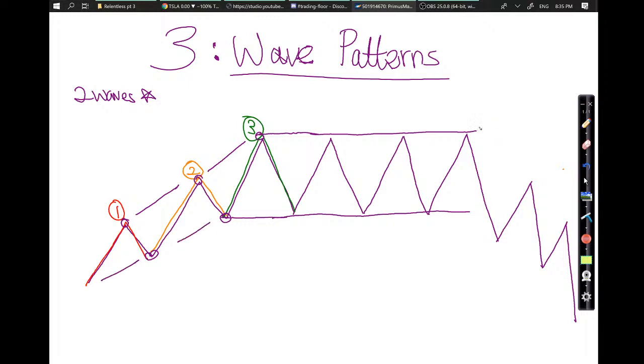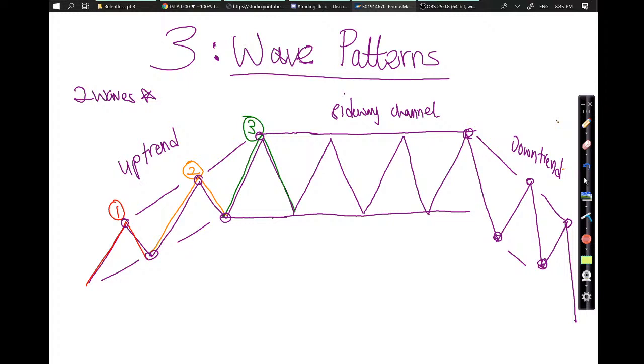And when something makes consecutively lower highs and lower lows, you can see this forms a downtrend, okay? So this is your uptrend, this is your sideways channel, and this is your downtrend.